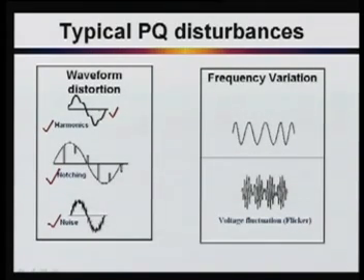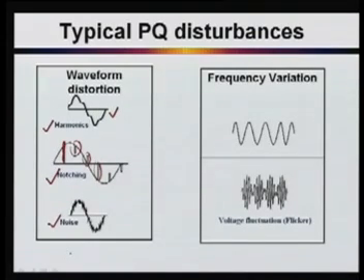If there are notches, here you can see this is a perfect sinusoid, but there are certain notches, some sudden dips. Like here you can see, so these are basically called notches, and those are also not required. The third type of waveform distortion is when your supply comes with noise.